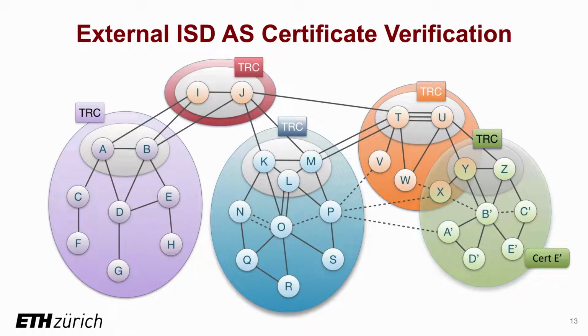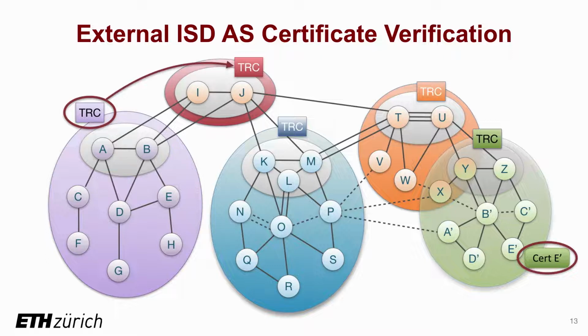So let's take a look at an external ISD AS verification. Consider you're in a purple isolation domain and you trust the purple TRC. Now, in this example, we want to verify a certificate by the green AS E prime within the green ISD.